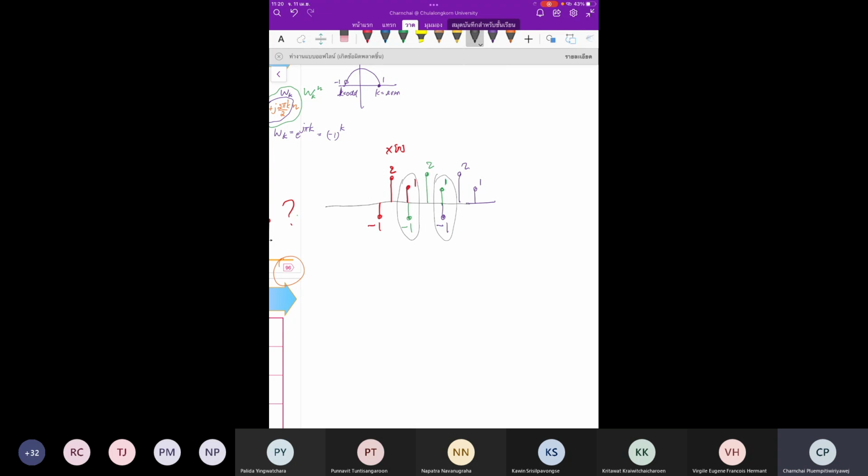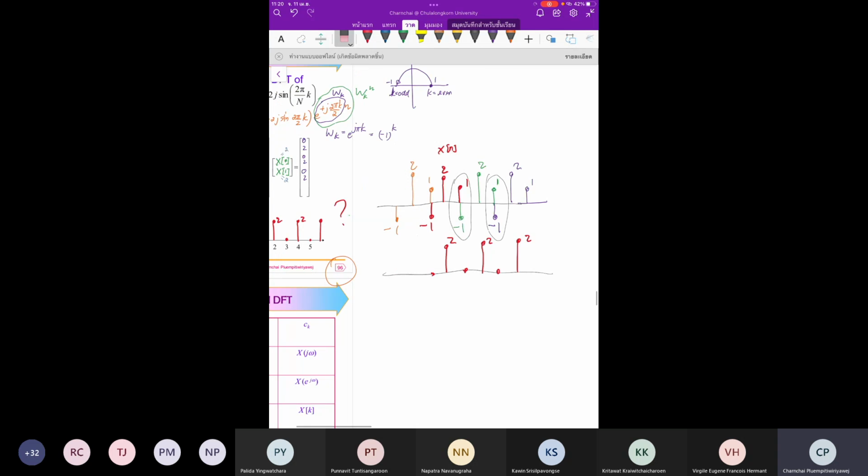It doesn't go far enough, and that's the reason why you get this. And this one on the right-hand side is going to be 1 to -1 like this. So at the end we have 0 2 0 2. That's why we get this one.